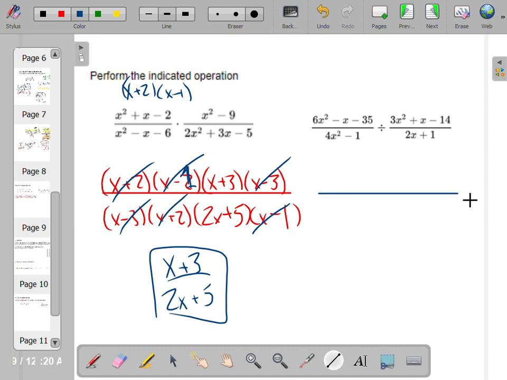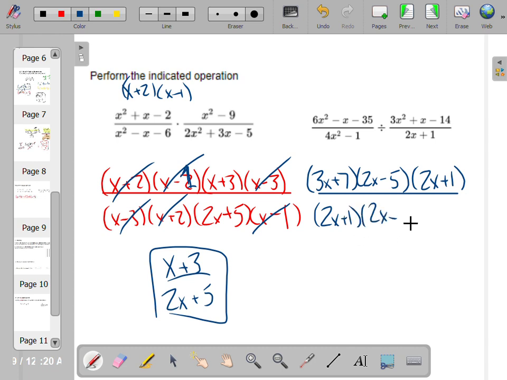I'm going to copy, change, flip, and factor in the same step. So this, when you factor that, you're going to end up with, I think it's going to be 3x and 2x, and then let's see. I want the outside to be negative 50, so plus 7 minus 5, 3x squared minus 15 plus 4. Yeah, that works. And now I'm flipping this, so 2x plus 1 is now on the top. Bottom left is a difference of squares, 2x plus 1, 2x minus 1.